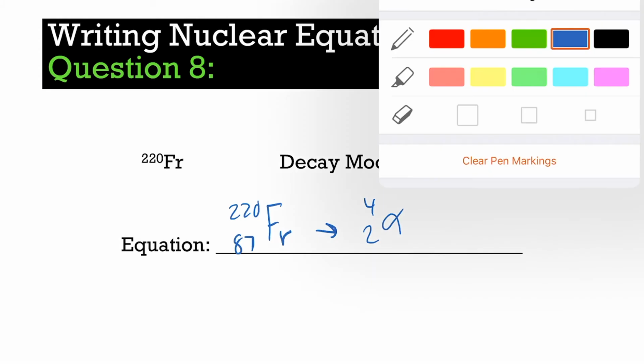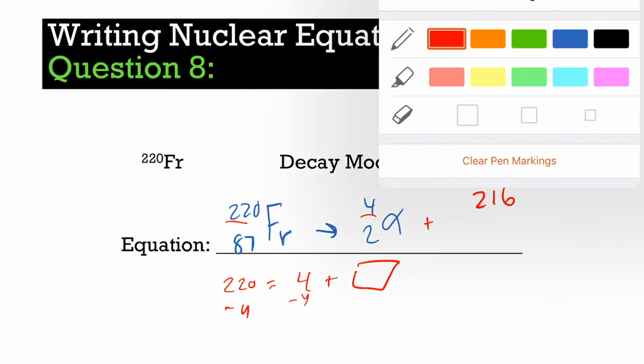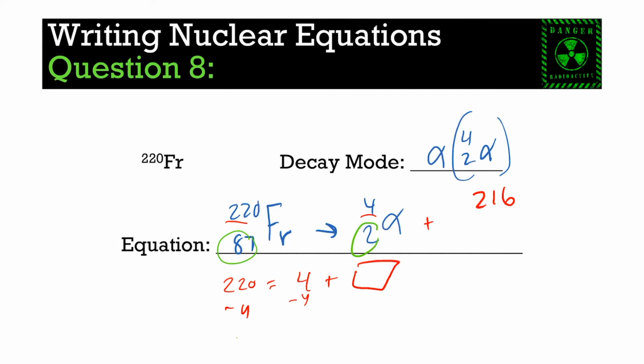And so if we're looking at the top, 220 equals 4 plus something, minus 4 minus 4, you get 216. And then for the bottom, 87 equals 2 plus something, minus 2 from both sides, it's 85. And then element 85 is At.